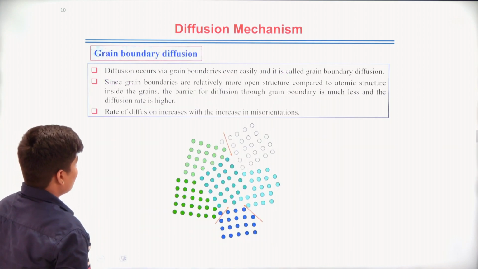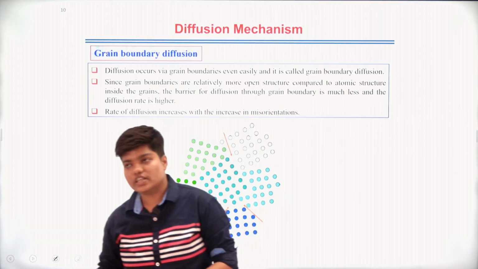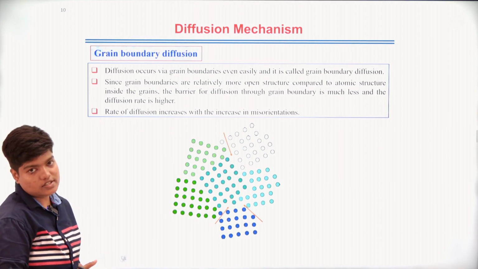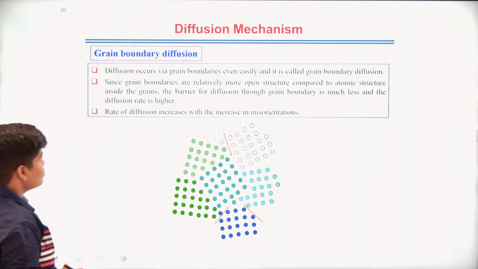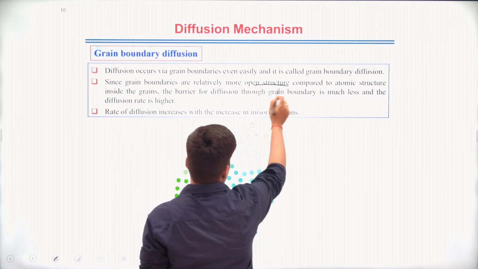Now, grain boundary diffusion. This is another one. What is a grain boundary? A grain boundary is the interface between two crystals. These are relatively more open structures as compared to the atomic lattice structure.